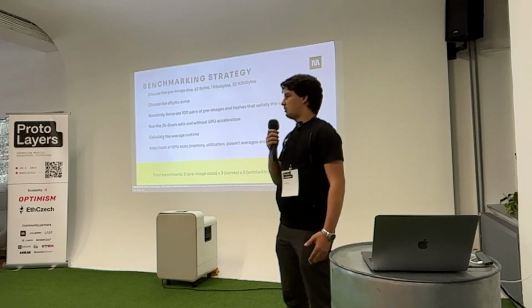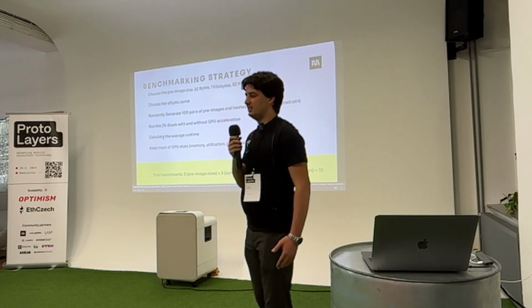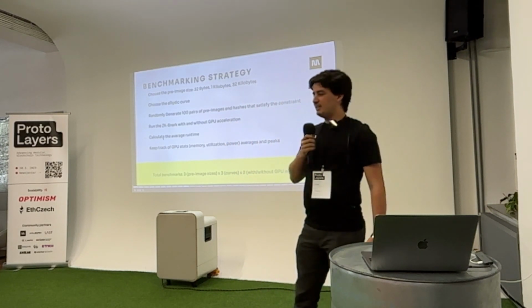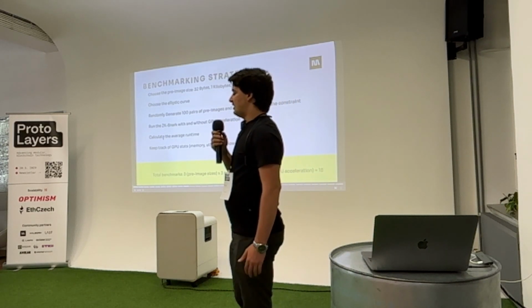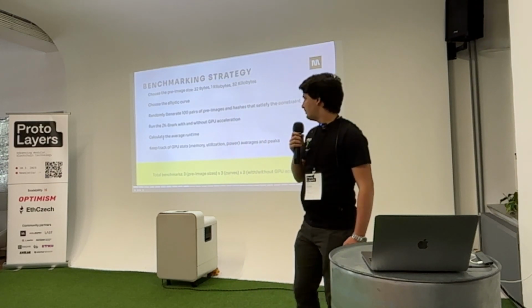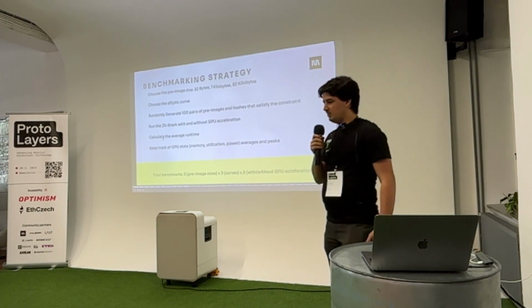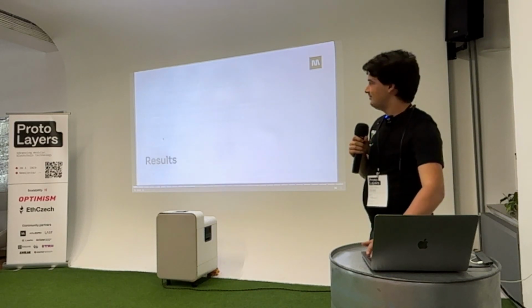Then we choose the elliptic curve and randomly generate 100 pairs of hashes and pre-images. And eventually, after running the algorithm with and without GPU acceleration, we calculate the average runtime, but we also keep track of some of the GPU stats, like the memory, the utilization, and the power. So overall, we have 18 benchmarks in total.